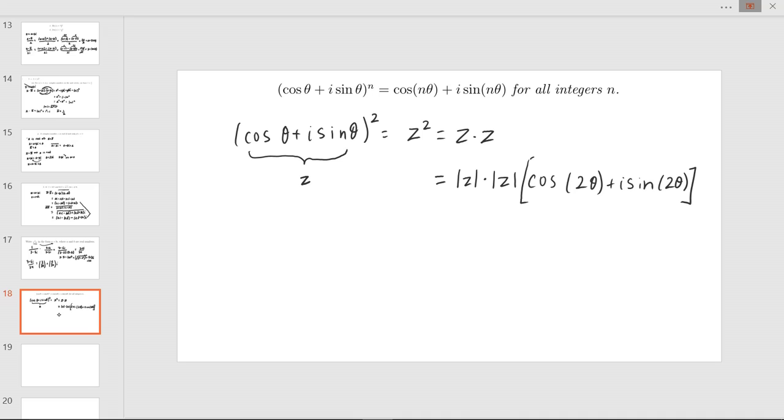And then our magnitude is the product of the magnitudes of our original numbers. In this case, we just have the magnitude of z is 1. Hence we have cosine 2 theta plus i sine 2 theta. So as you can see, this matches up when we put in n equal to 2.